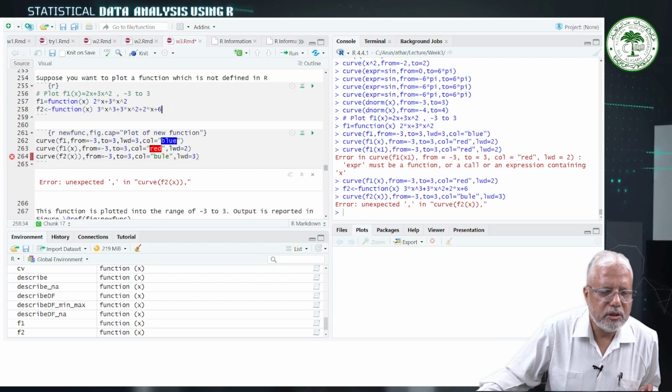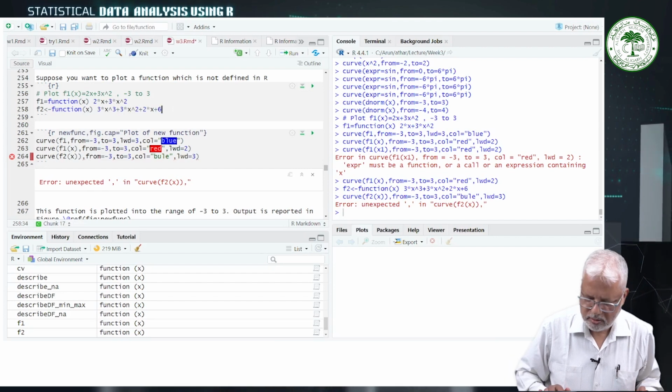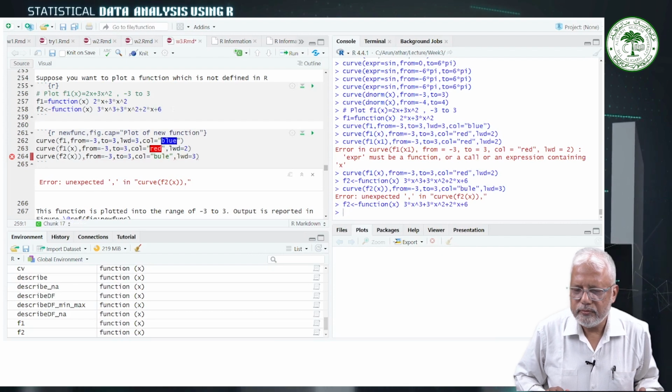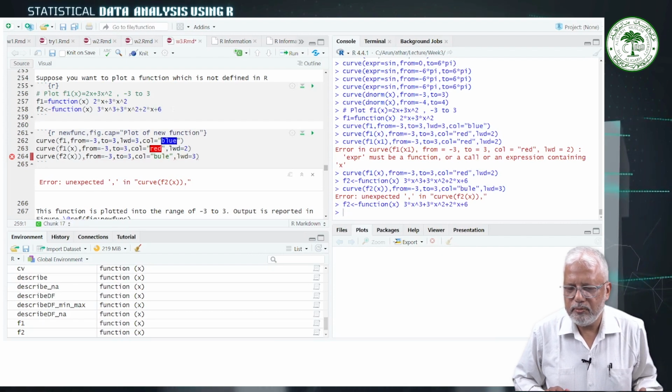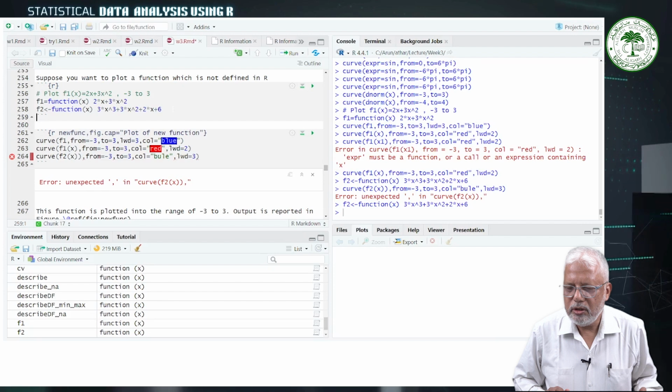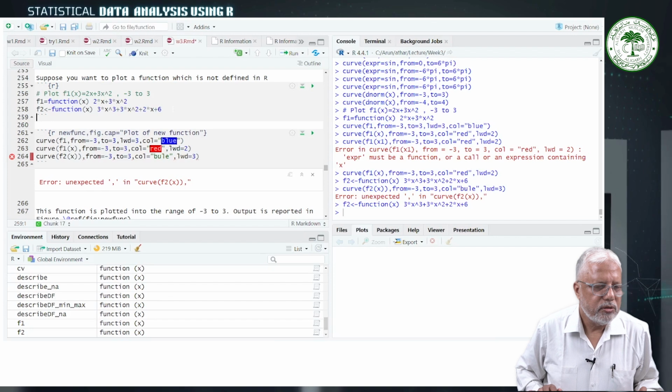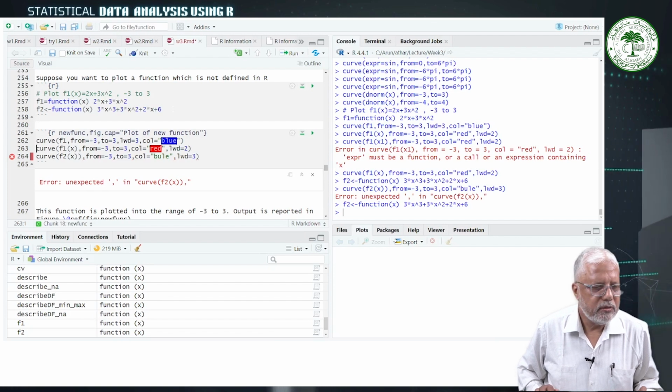There is nothing that seems to be wrong. 3 into x raised to the power 3 plus 3 into x raised to the power 2 plus twice x plus 6. So it should run.